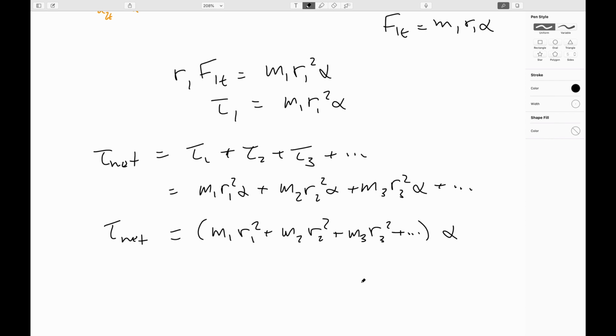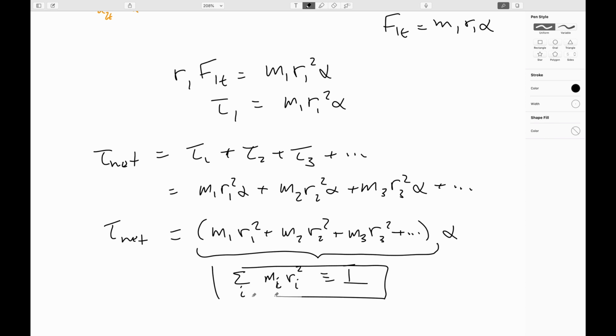And what we'll do is define this quantity here in the parentheses. This is going to get its own special name. It's going to be called the moment of inertia of the object about the rotation axis. And what you do is you sum up over all of your particles, so the sum over i of mi ri squared. And this actually defines our moment of inertia.